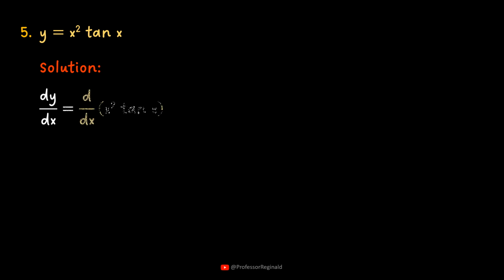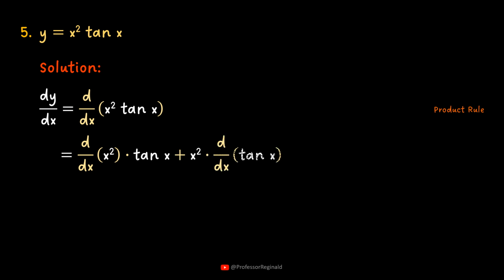Number 5. Y equals x squared times the tangent of x. Solution. dy dx is the derivative of y with respect to x. Apply the product rule, and differentiate using basic differentiation and trigonometric function rules.